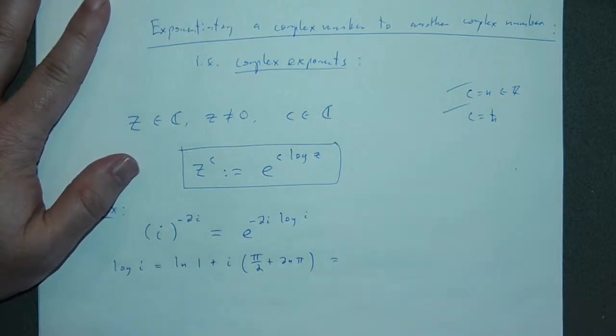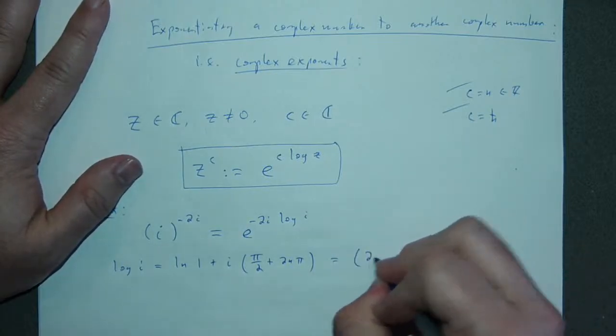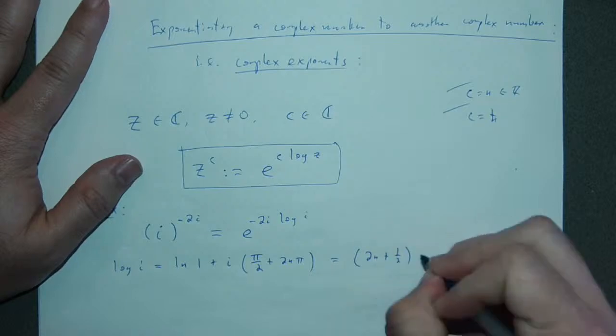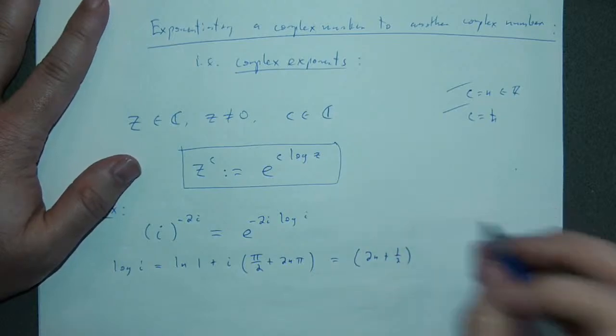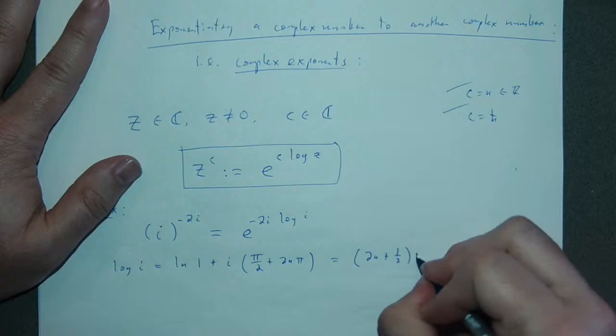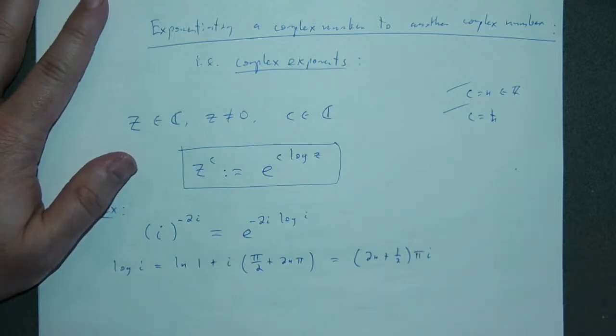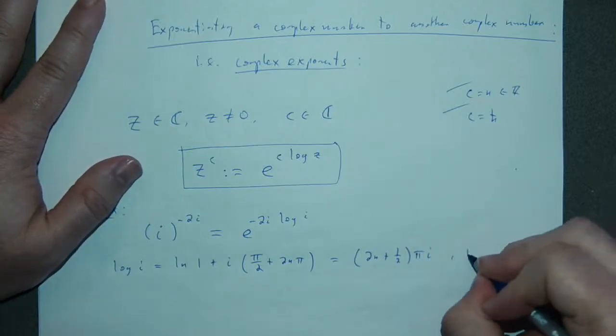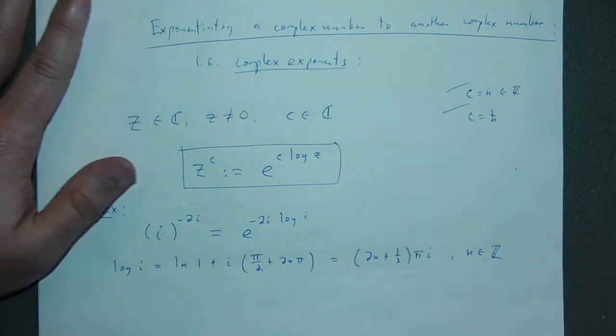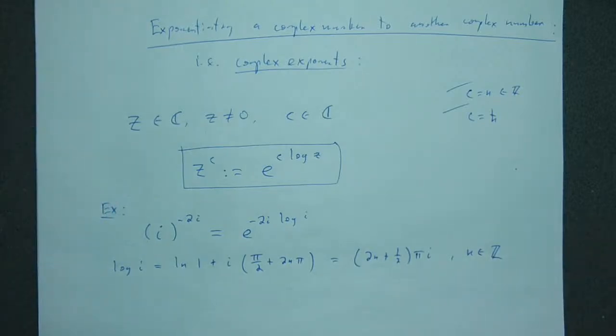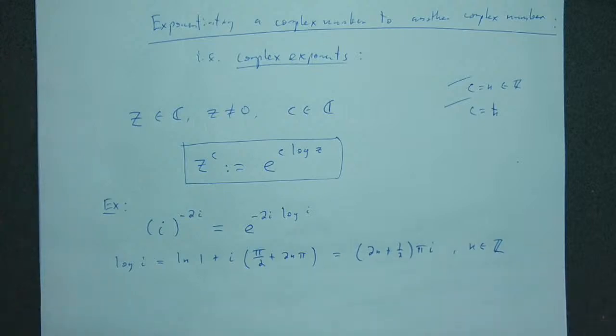Since natural log of 1 is 0, this is (2n plus 1/2) times pi i, where n is an integer.